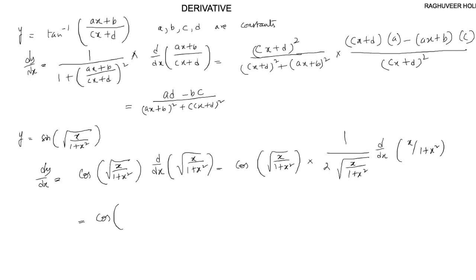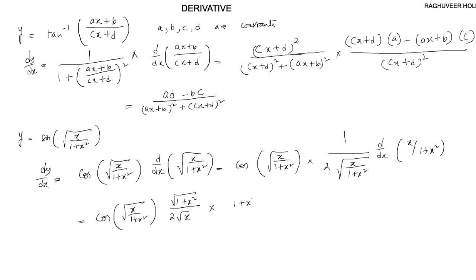this is cos, right, of square root of x by (1 + x square). Now that goes to the numerator, so that becomes square root of (1 + x square) by 2 root x, right?